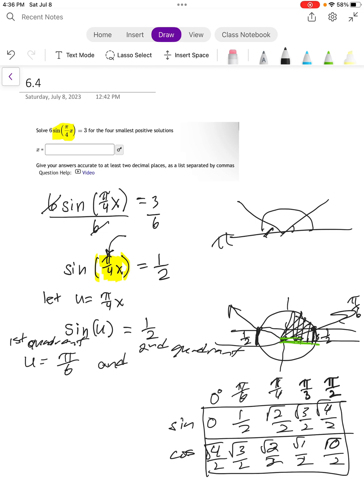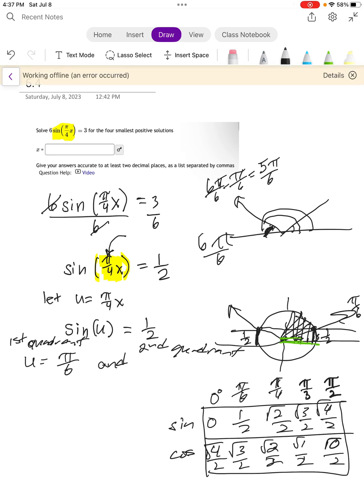So there must be a pi over 6 distance, an angle between the x-axis and the terminal side of this angle. However, we need to measure that in standard position. So it's going to be 6 pi over 6 minus pi over 6 to find out what this angle is. You could rewrite pi as 7 pi over 7 or 8 pi over 8, but I made it with a denominator of 6 by doing 6 pi over 6, and subtracting pi over 6 gives 5 pi over 6.